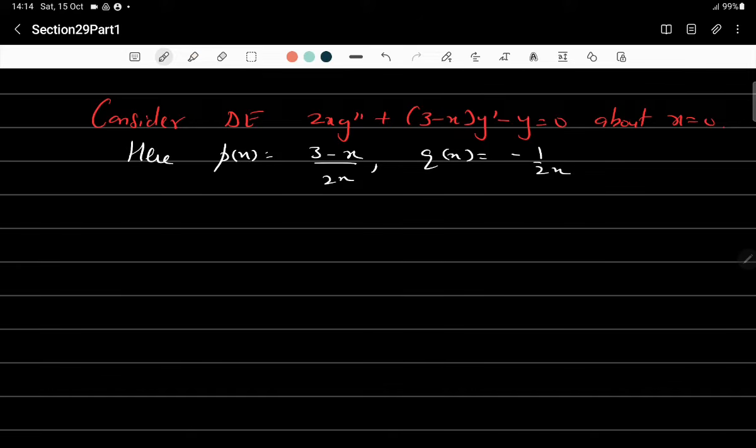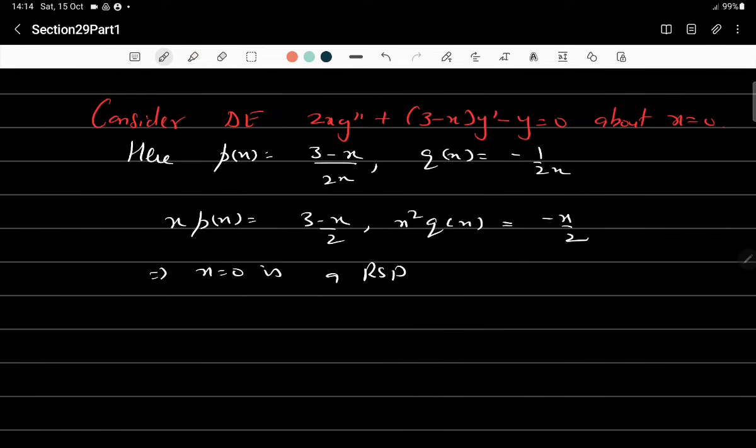So clearly x is equal to 0 is not an ordinary point, but x p of x is (3 minus x) by 2 and x square q of x is minus x by 2. Both are polynomial in x, that's why they have the power series solution about x is equal to 0, and it means that x is equal to 0 is a regular singular point.